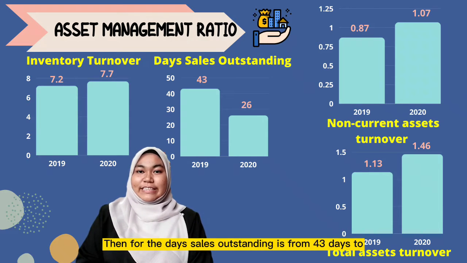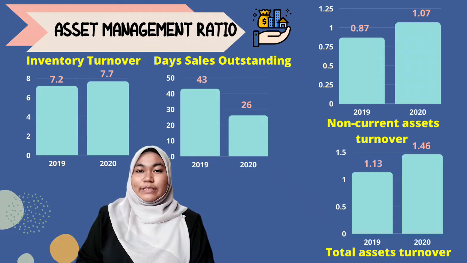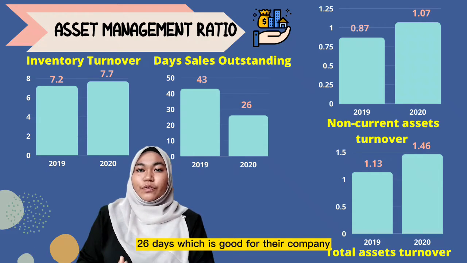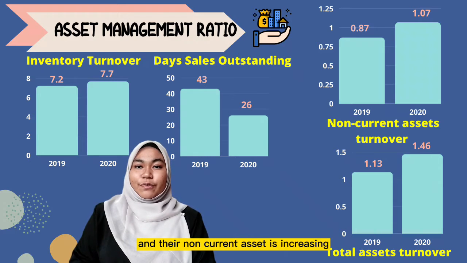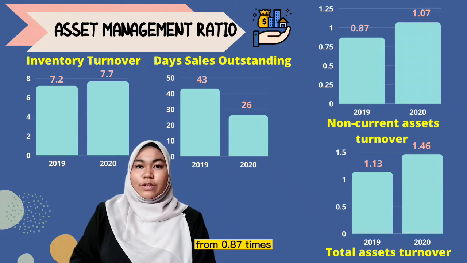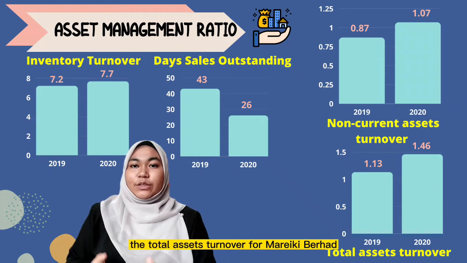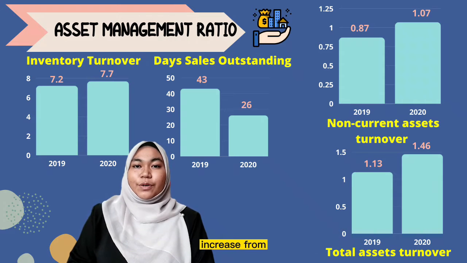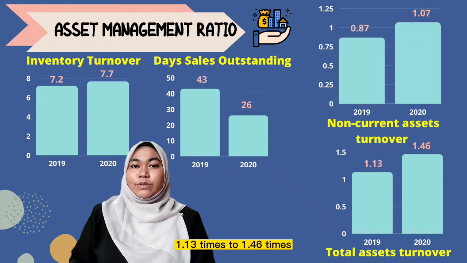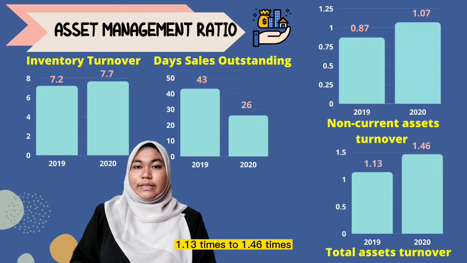Then, the days sales outstanding is from 43 days to 26 days, which is good for their company. And their non-current asset turnover is increasing from 0.87 times to 1.0 times. Besides that, the total asset turnover of Mariki Berhad increased from 1.13 times to 1.46 times.